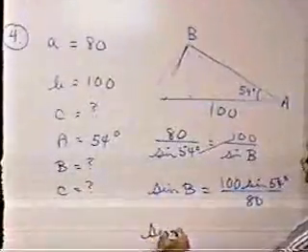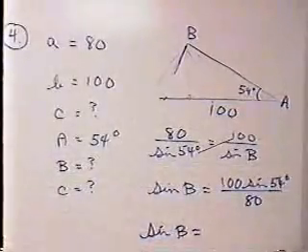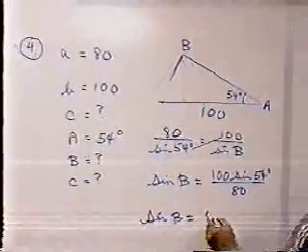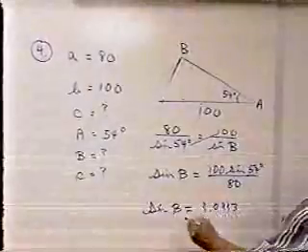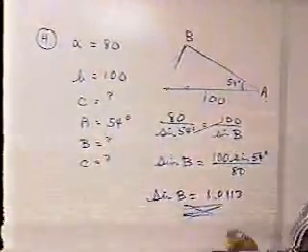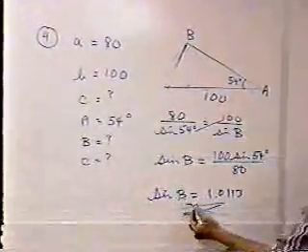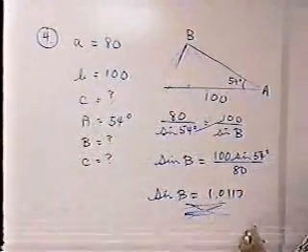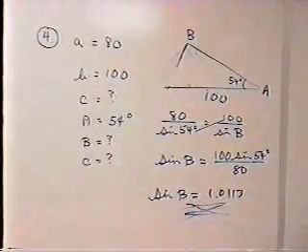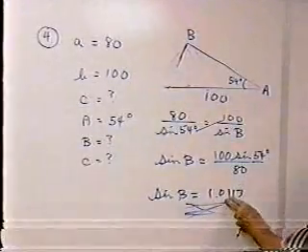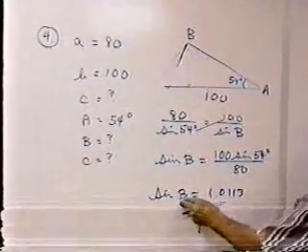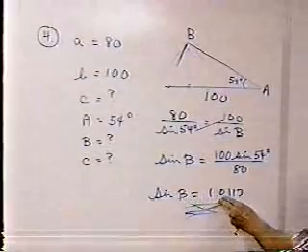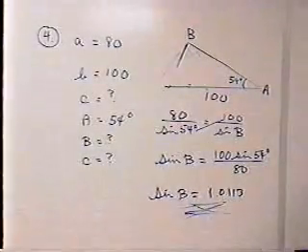And so we get the sine of angle B is equal to 1.0113. Oh, no. The sine of an angle is never greater than 1. So anytime you get a calculation and you're trying to find an angle from the sine, this must be less than 1.